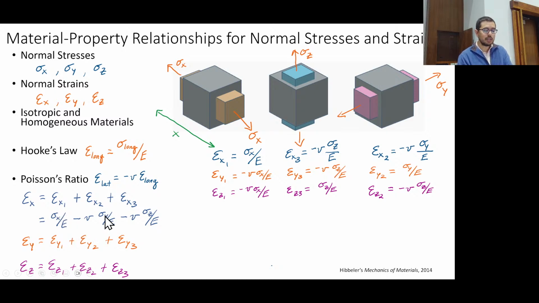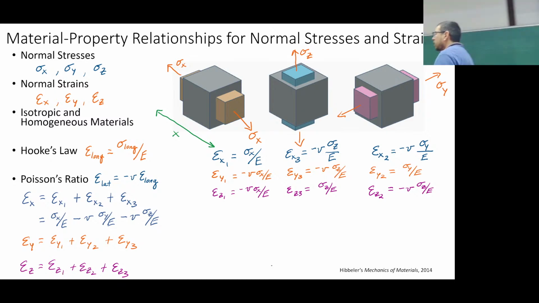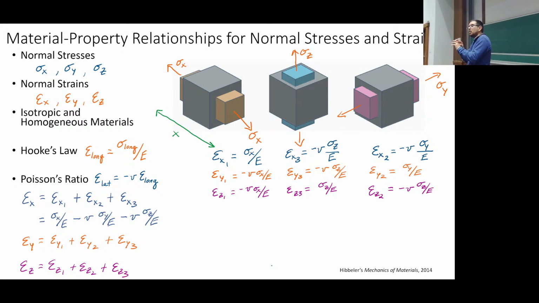If I have a stress in the y direction, I can relate that to strain in the x direction through a Poisson ratio. And if I have a stress in the z direction, I can relate that to an epsilon x as well. So now what we're seeing is something we can consider a superposition, where stresses in orthogonal directions can lead to contributions in the same direction for strain.